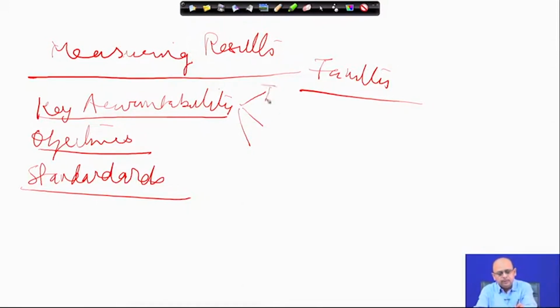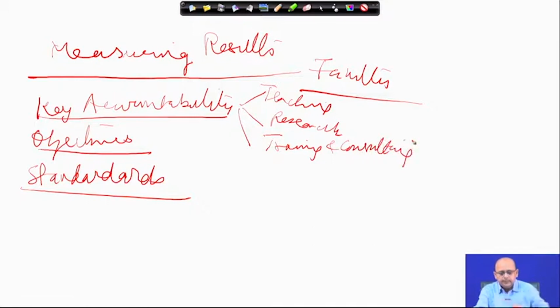So, this could be, for example, teaching, research, training and consulting. Now, the key accountability areas have been identified. This is what we also know as key result areas or key performance indicators.